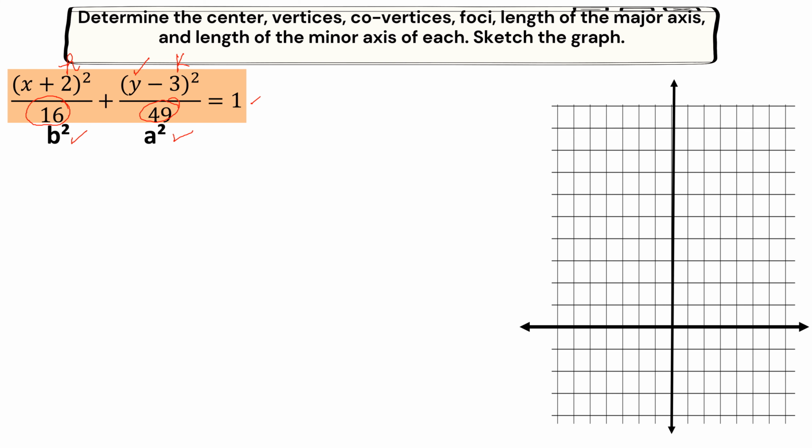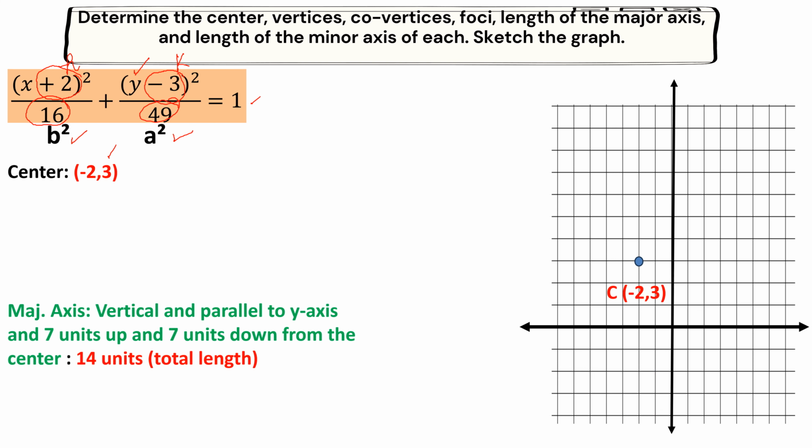So let us get the center. The center is negative 2, 3. That is coming from the additive inverse of positive 2, and the positive 3 is coming from the additive inverse of negative 3. So plotting the center, we have negative 2, 3.